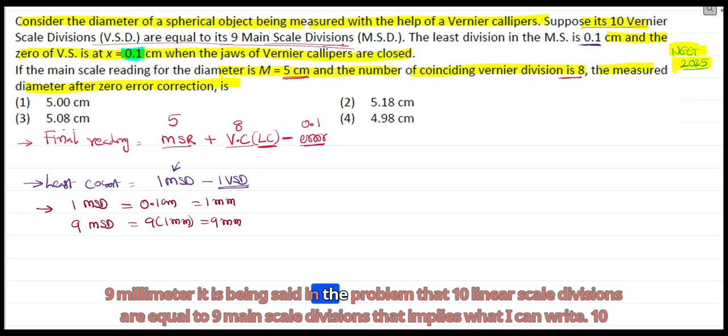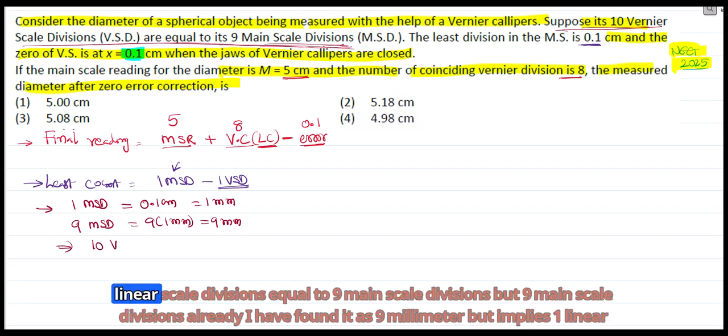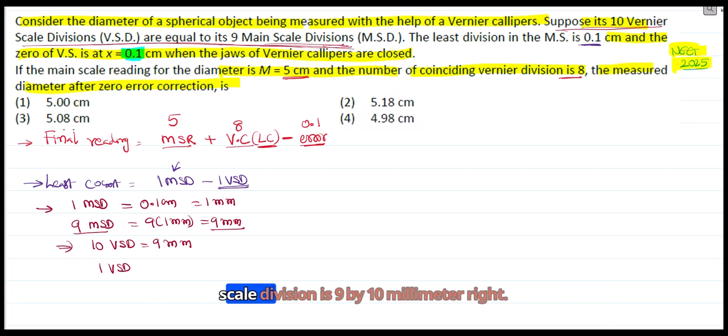It is said in the problem that 10 Vernier scale divisions are equal to 9 main scale divisions, and 9 main scale divisions I have already found as 9 millimeter. That implies 1 Vernier scale division is 9 by 10 millimeter.